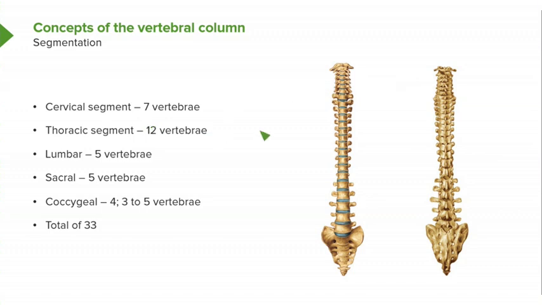The thoracic segment will be the next 12 vertebrae, and we see the general location of the thoracic vertebrae through here, and then posteriorly we were looking in this general region for our 12 thoracic vertebrae.